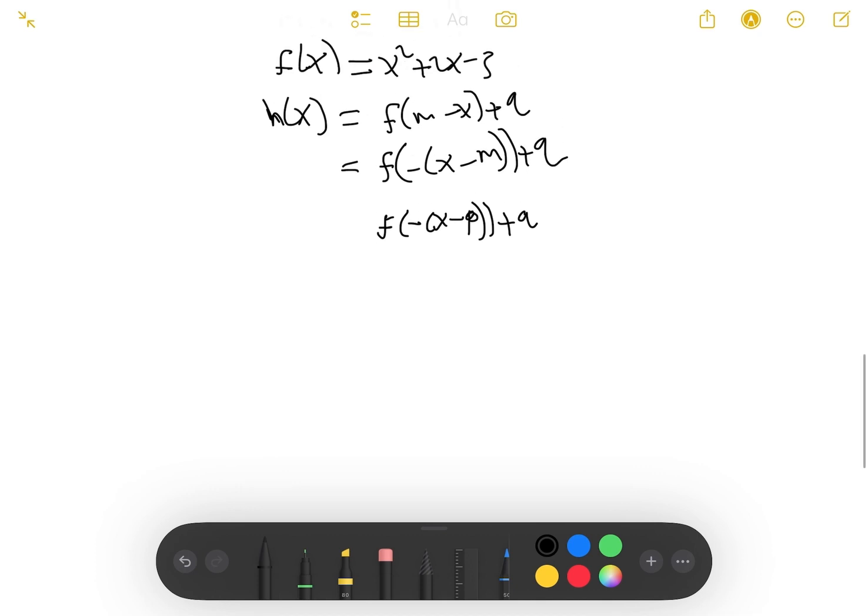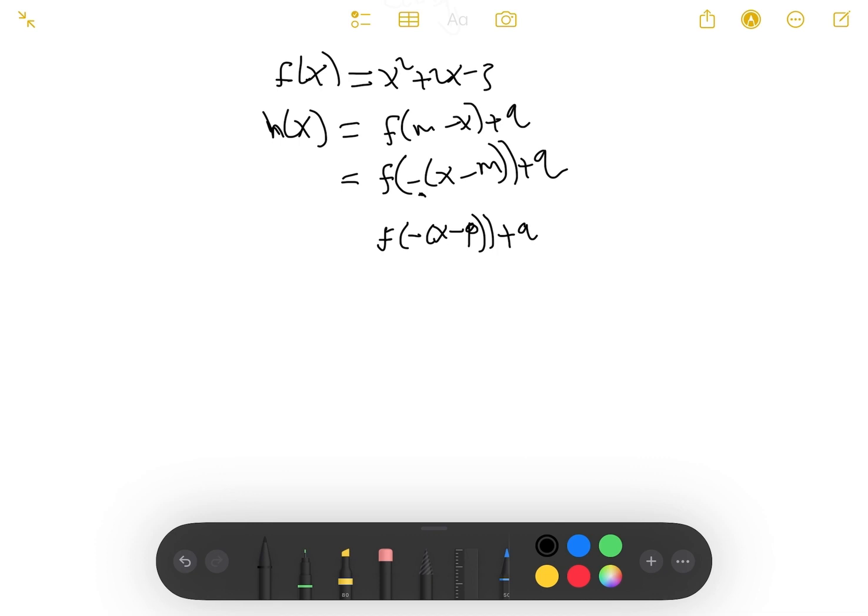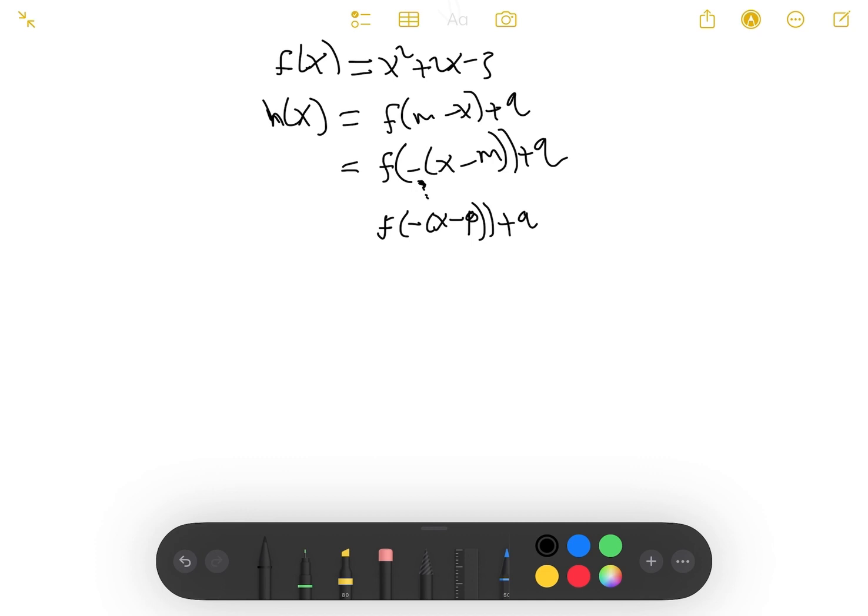What does this negative inside the bracket basically mean? Let's look at it.